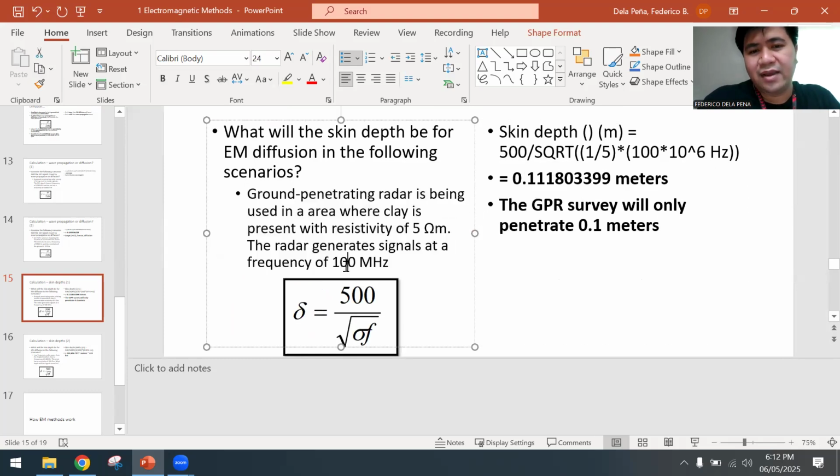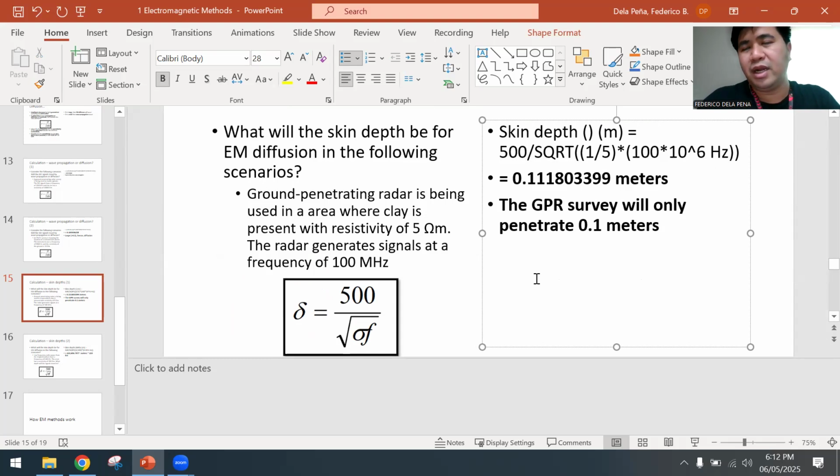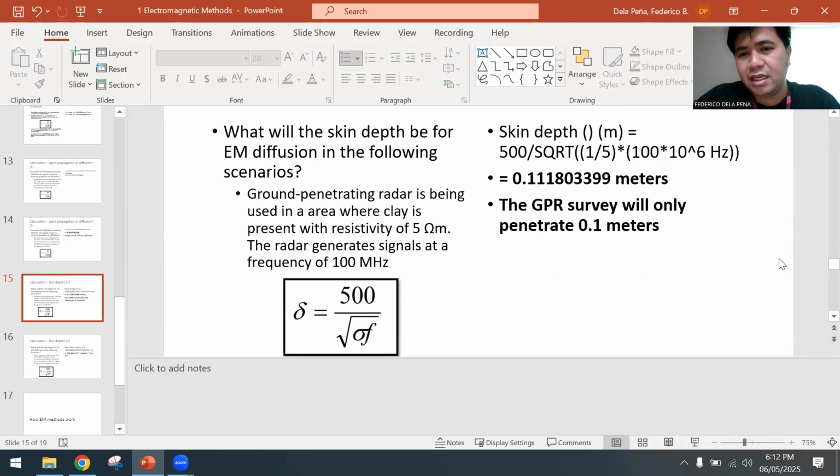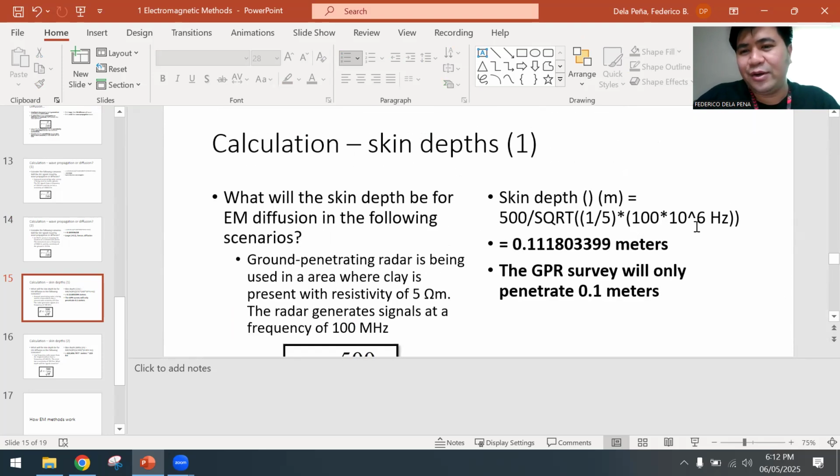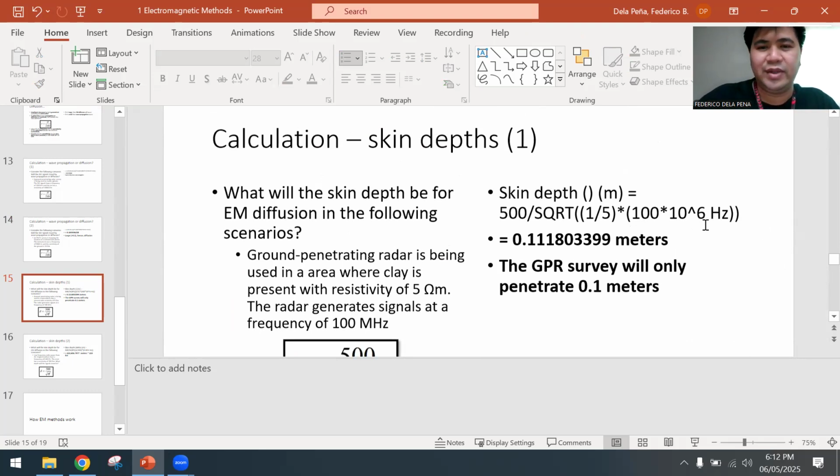In our office, we have a 16 megahertz GPR, but it's super bulky. It's like a 4 meter span antenna. We use it very rarely because most of our projects are outside Luzon, so we have to fly in with all that equipment. It's always not possible.